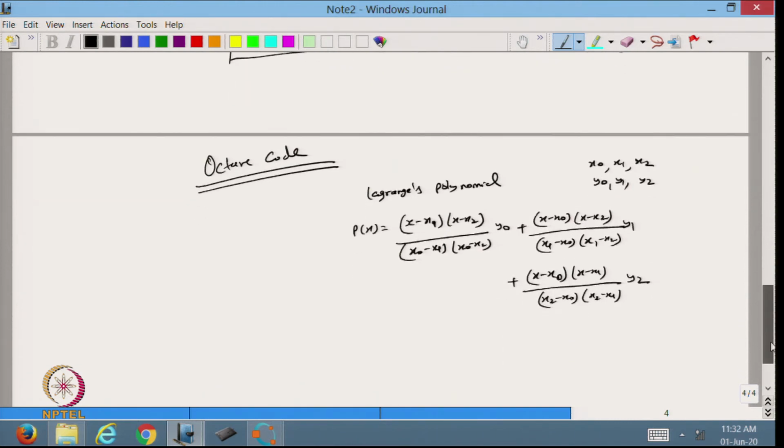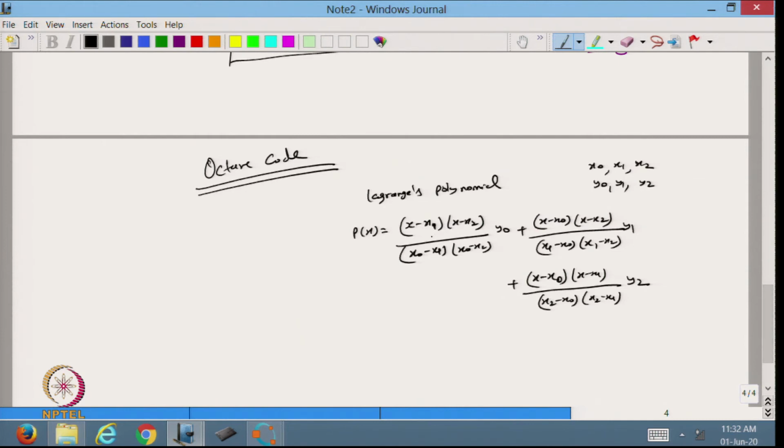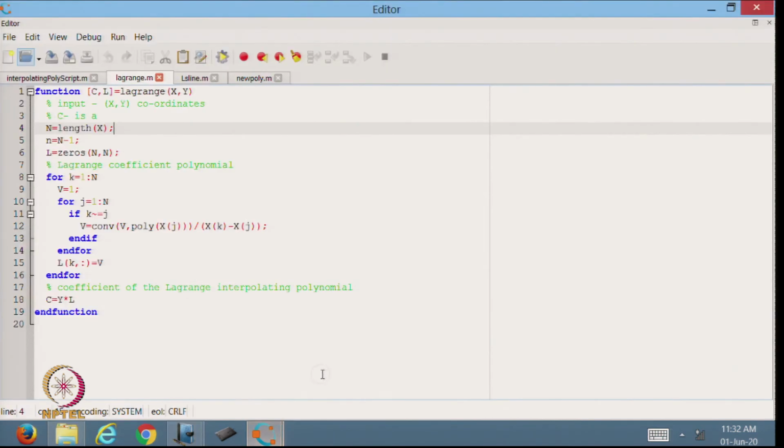So this is what I am going to find out. From here you can see that here I will put the points. So this is a constant value, but here you can say that this is a polynomial whose root is x1 multiplied with a polynomial whose root is x2. So I am using this one here.